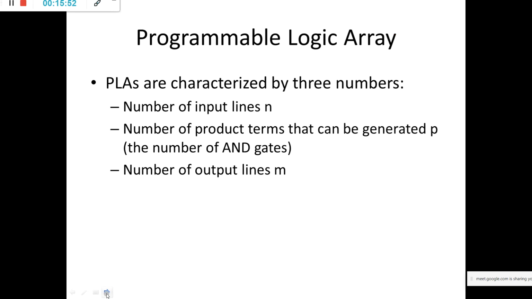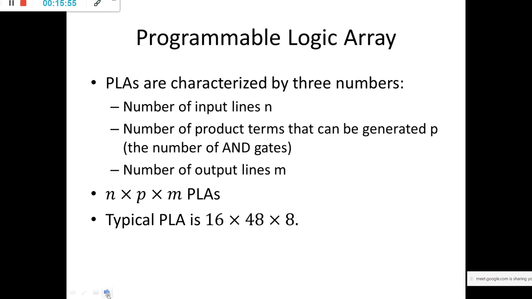So next type of PLD, that is programmable logic array. PLAs are characterized by three numbers: number of input lines n, number of product terms that can be generated p, that is the number of AND gates, and number of output lines m.